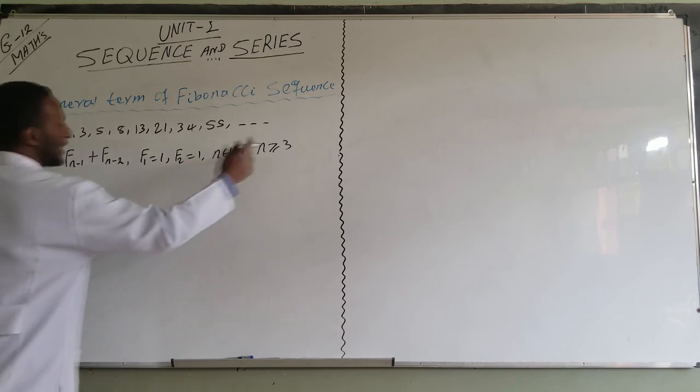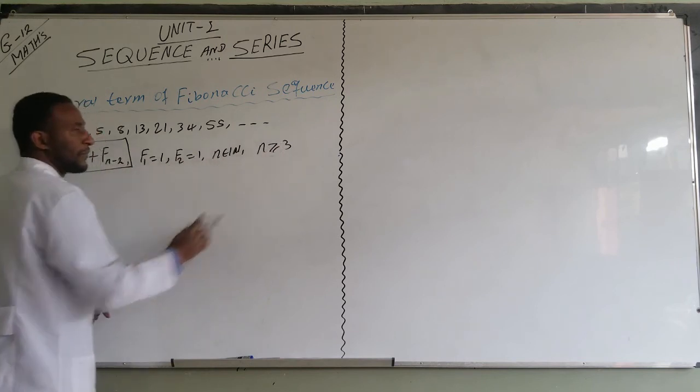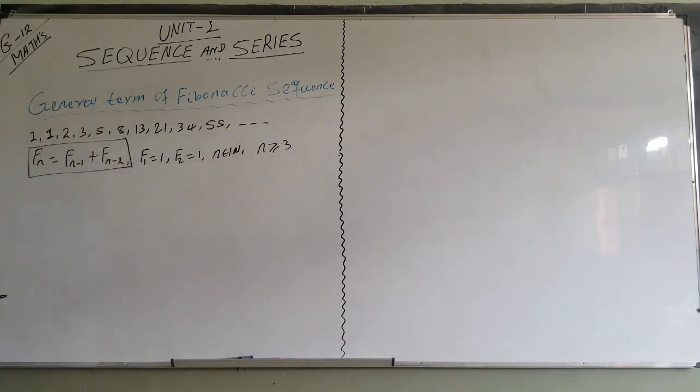Then when n is equal to 3, we can find the terms of the Fibonacci sequence by using this formula from n equal to 3.